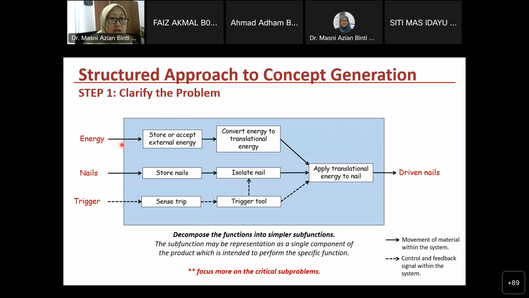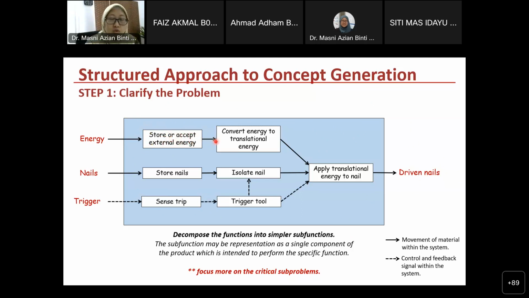Okay, for energy, there must be a device or a component to store or accept external energy. And then you provide some kind of energy, probably it is powered by a battery if it is a handheld. If there is no battery, how do you generate the energy? Logically thinking. So there must be a component to store or accept the external energy.